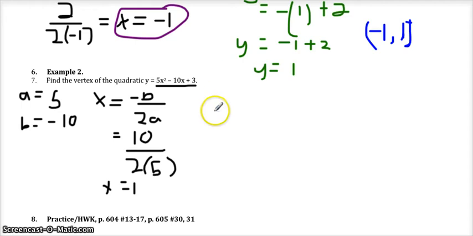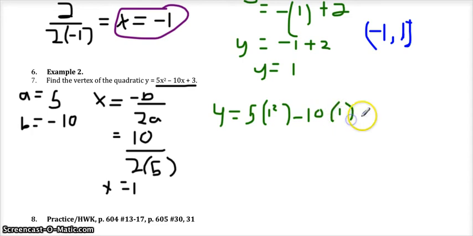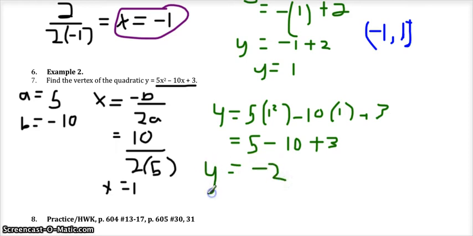And so now we need to come back over here and substitute that value for 1 in. So we have 5 times 1 squared. One squared is 1, so we have 5 minus 10 plus 3, and negative 5 plus 3 is negative 2.